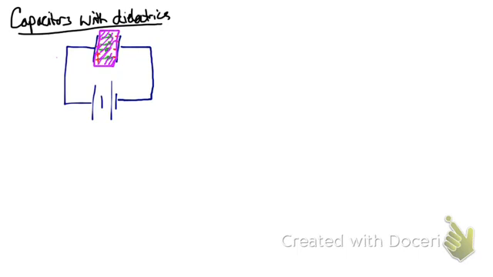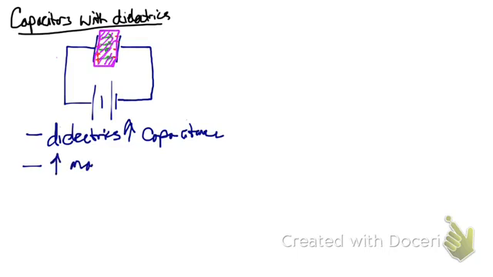So the purposes of dielectrics are to increase capacitance, which means that they can increase the max voltage across that capacitor, and it keeps the plates from touching.